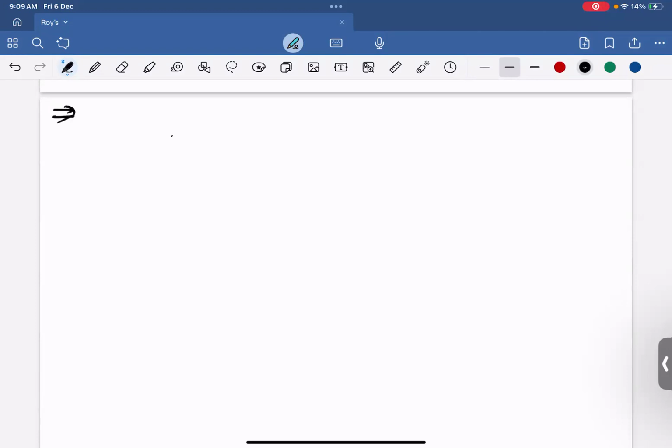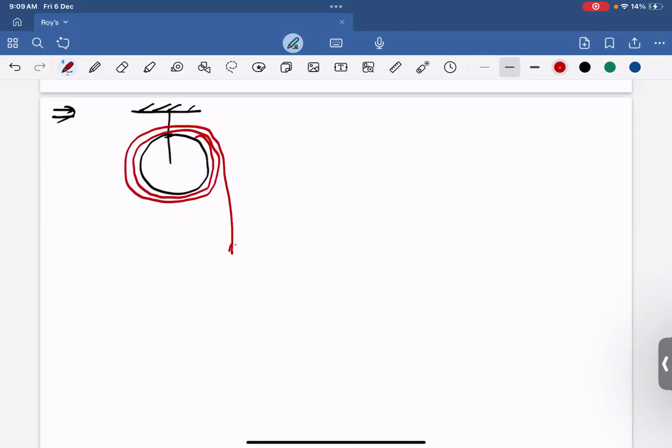Like if I take a pulley here and this pulley is fixed, and in that pulley let's suppose one rope has been wrapped like this, and the other end of the rope is connected with one block of mass m, and this pulley is having a radius r, and it has a moment of inertia as I.